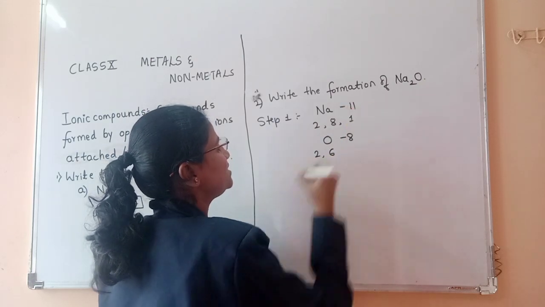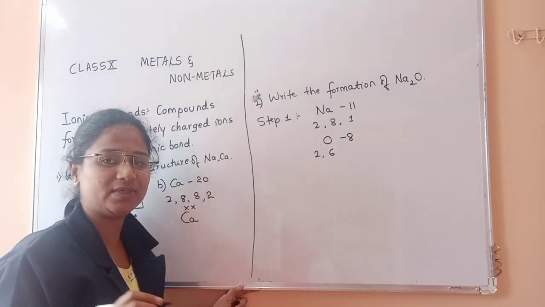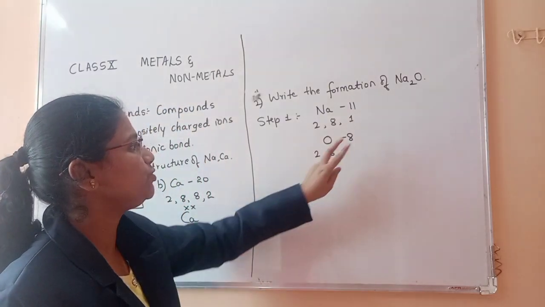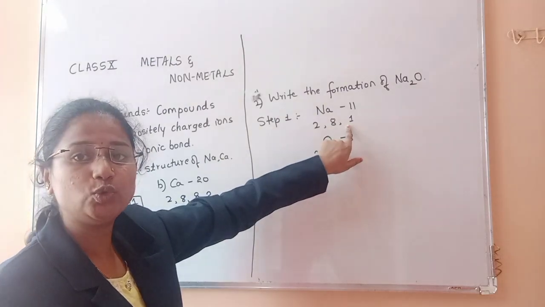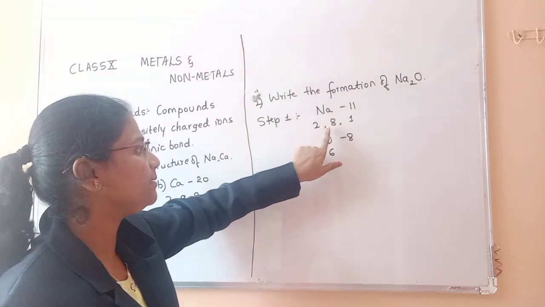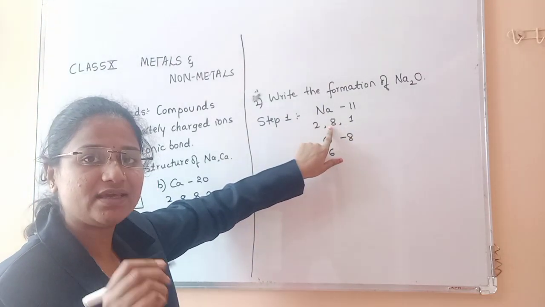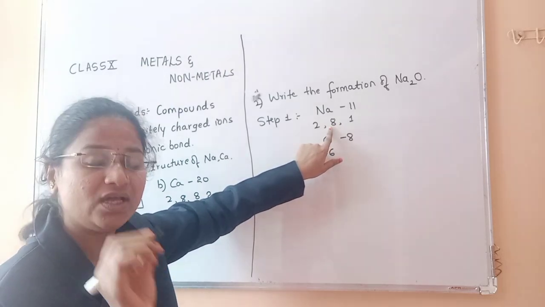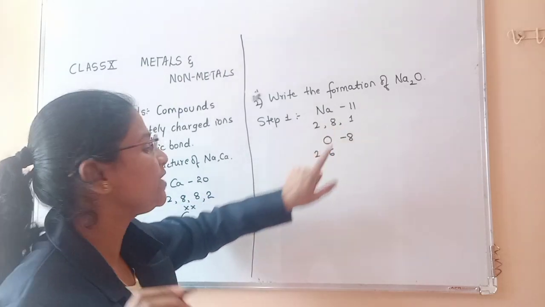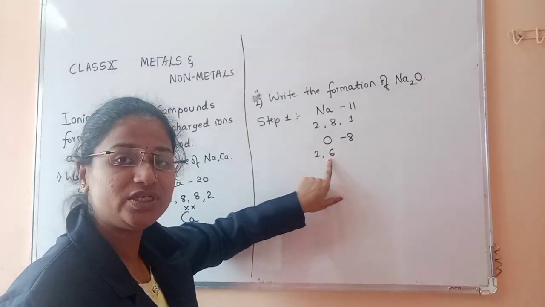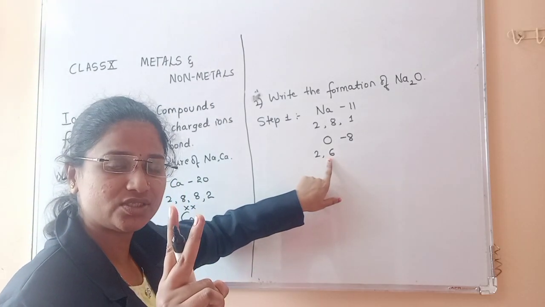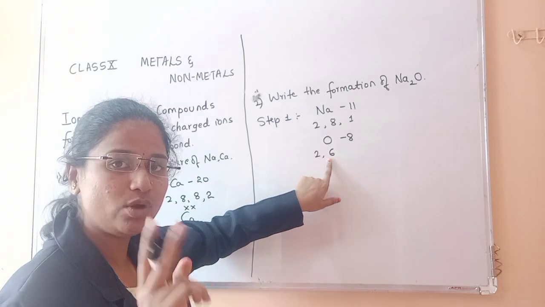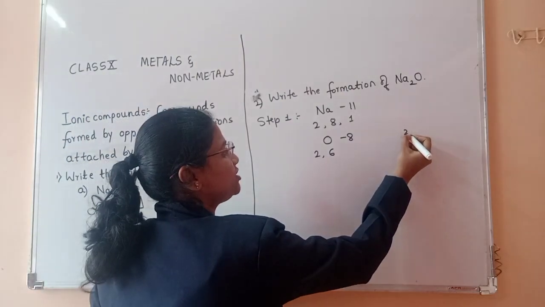So as you know, sodium wants to lose one electron to get an octet electronic configuration. Octet means the last shell should have 8 electrons. Oxygen needs 2 electrons to get an octet electronic configuration.